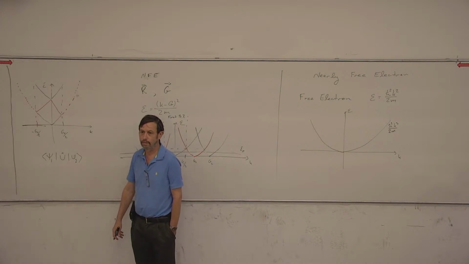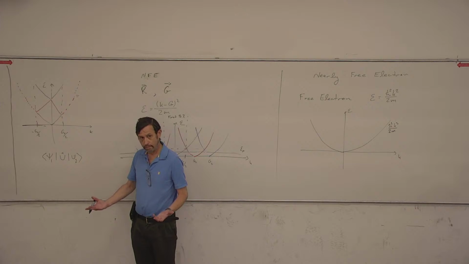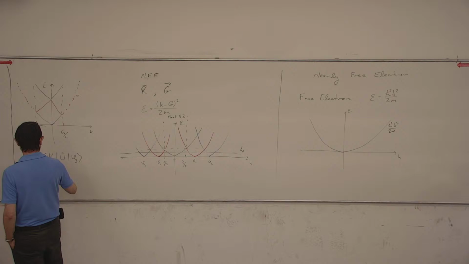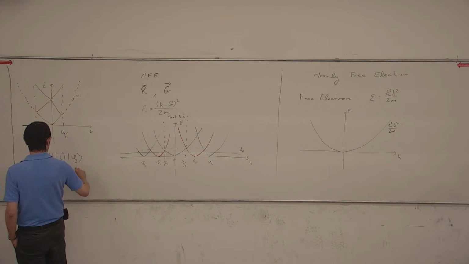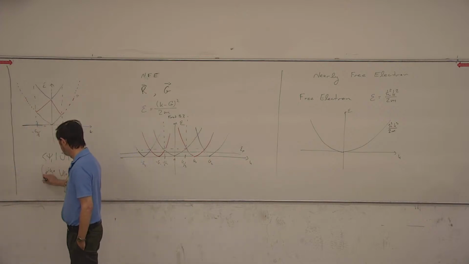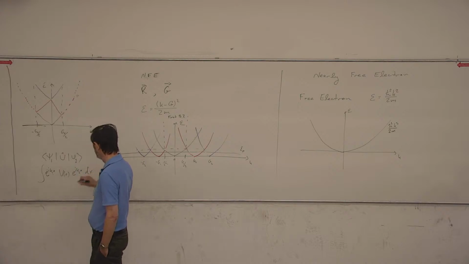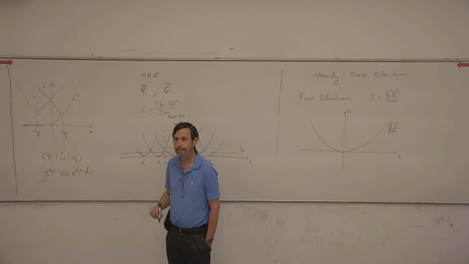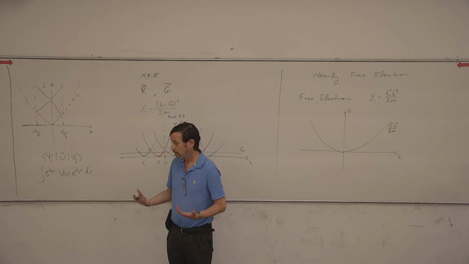The non-perturbed free electron. So it will be K1 plus G.